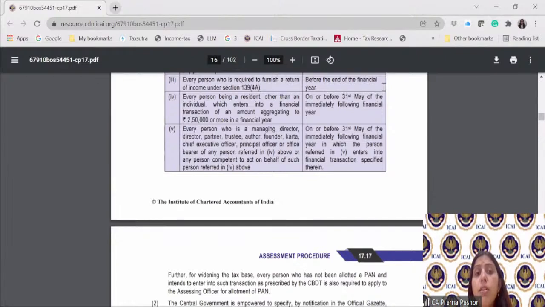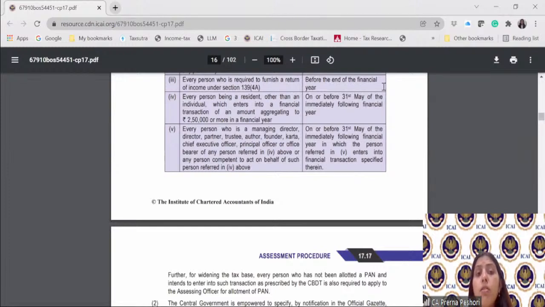Or if he is making a payment in a hotel or restaurant over rupees 50,000 in cash, or he is making the payment for going to a foreign country or for foreign currency in cash over rupees 50,000, then he may be required to obtain PAN.